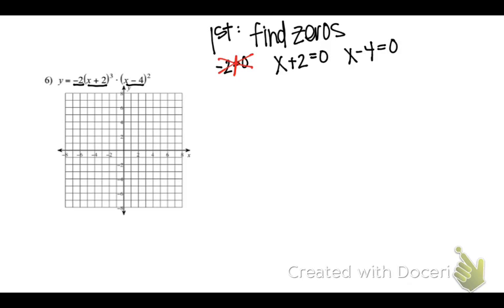This one, if I subtract 2 over, I get x equals negative 2. And if I add 4, I get x equals positive 4. So that means I have two zeros here. One's at negative 2, so I can graph that one, and one's at 4.